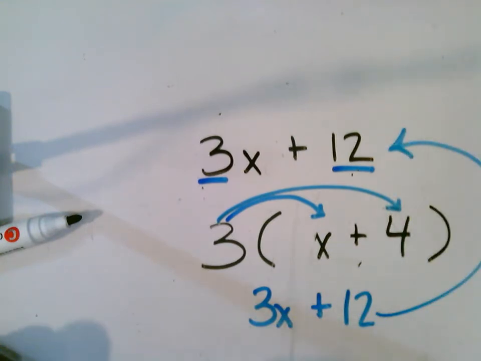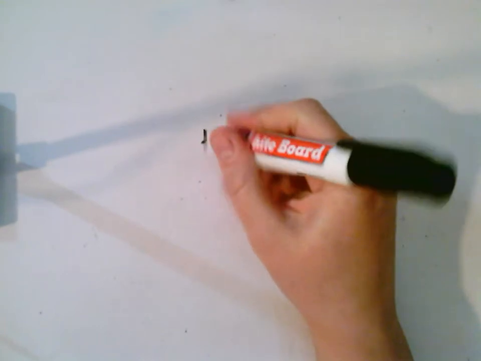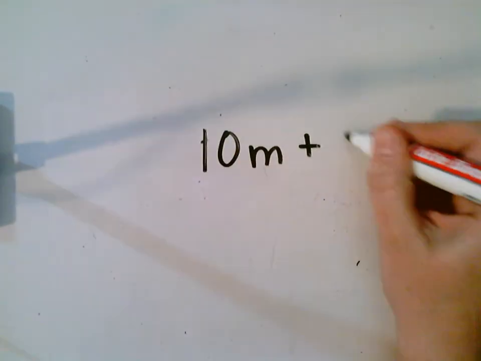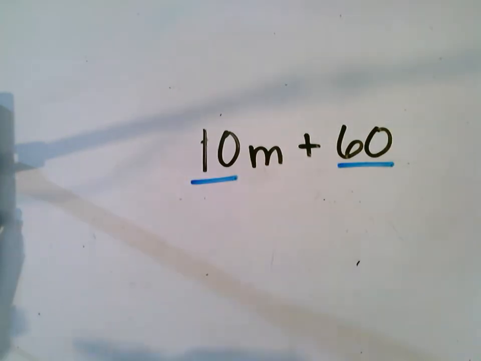All right, let's try another example. Let's do 10m plus 60. So I'm looking at my two numbers here. I've got 10 and I've got 60. I want to think of factors that they both have in common.